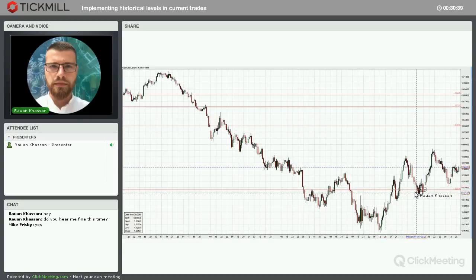Similar happens in the NMA again. The price during downside touches 1.5260 exactly and produces some 85 pips move to the upside. This is one of the examples of how long-term historical levels can be used in your intraday trading.